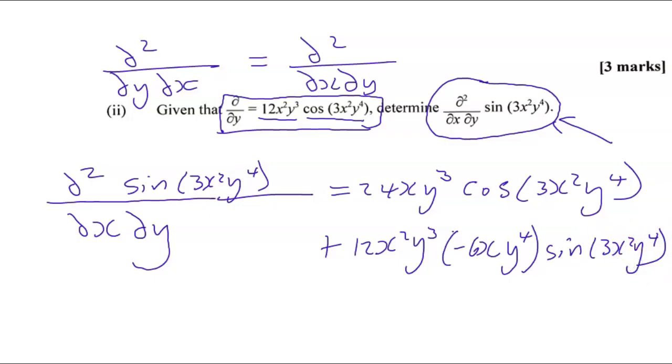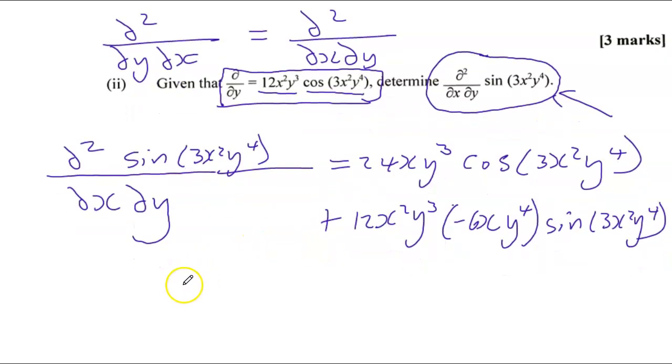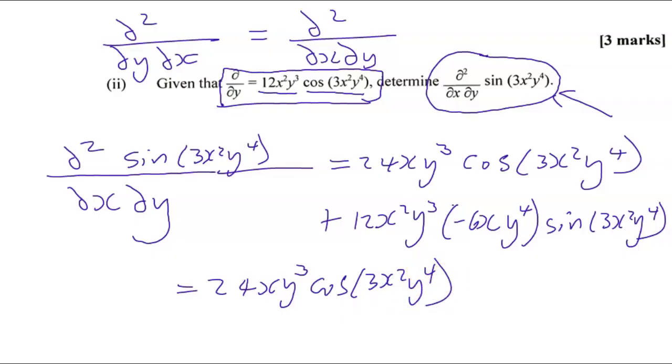Just to be a little bit neater, we can rewrite this as 24x y cubed cosine of 3x squared y to the 4th power. And if we multiply these terms, 6 times 12, that's 72. x times x squared is x cubed.